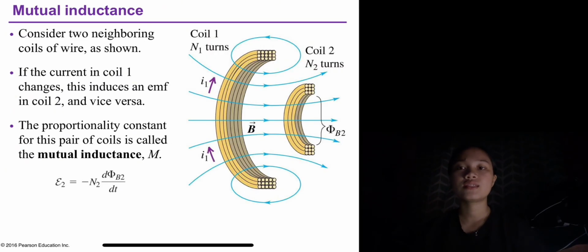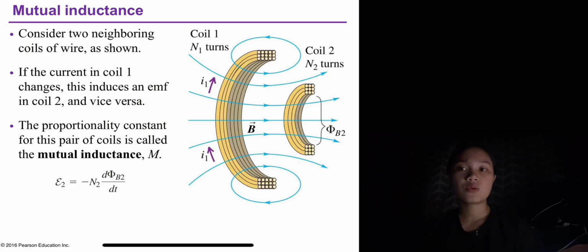Now let's consider two coils that are placed close together. When the current in the first coil changes, it produces a changing magnetic field around it. This changing magnetic field passes through the second coil and induces an EMF there.